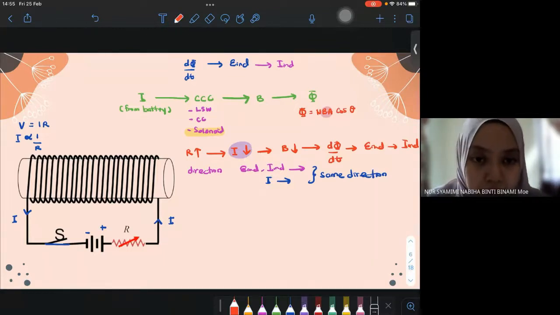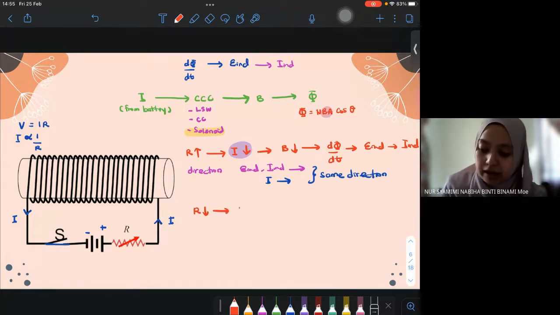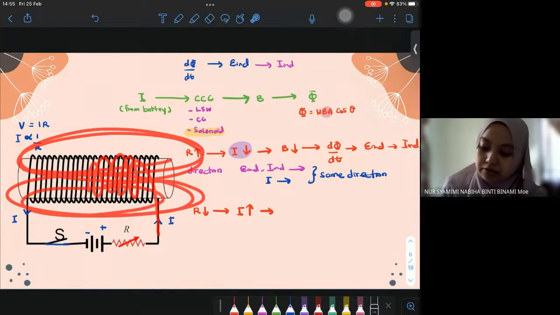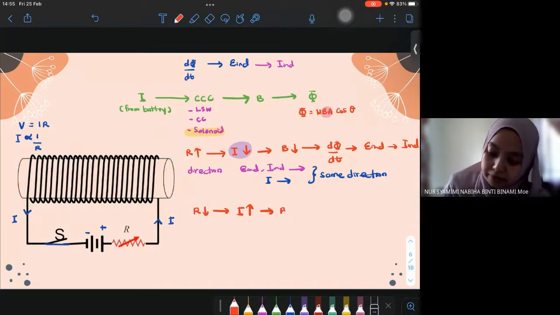Bila I decrease. Okay, sampai situ faham? Faham, madam. Faham? Okay. So kita buat contoh yang kedua. Bila saya kurangkan R dekat variable resistance, saya kurangkan nilai R, what will happen? I akan increase. So bila I increase, dia akan menghasilkan magnetic field yang banyak dekat sekeliling solenoid. So B will increase. So bila B increase, akan ada perubahan kepada flux.